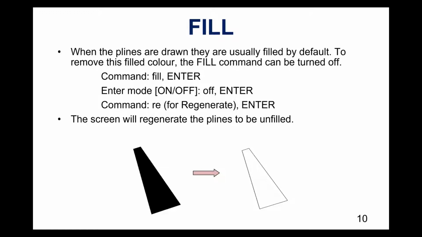You won't see anything at this point. You will have to regenerate by typing RE and then enter, and the screen will regenerate the polylines to be unfilled, and you will see a skeleton of the drawing that you have drawn.